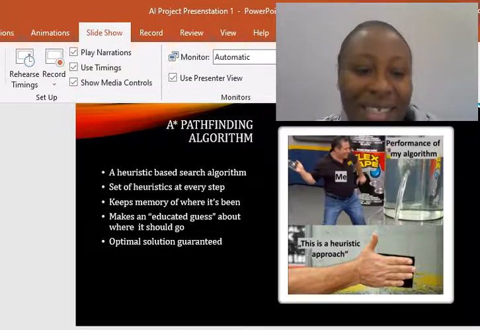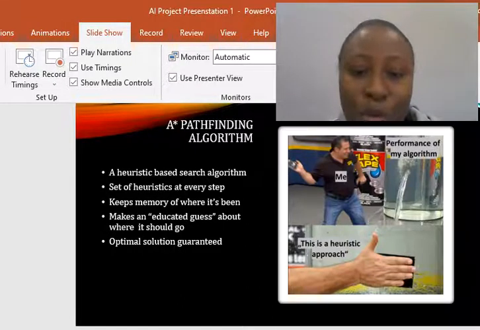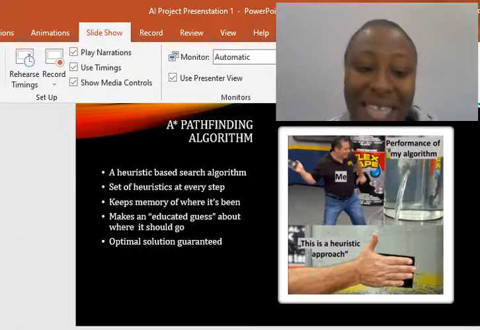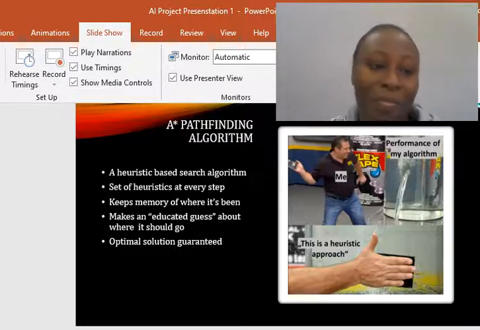However, A-star is a heuristic-based search algorithm, and because of this fact, it is able to come up with the optimal solution in the shortest amount of time. It does this by applying a set of heuristics at every step of its algorithm. It also keeps a memory of where it's been and is able to make what I like to call an educated guess about where it should go next.